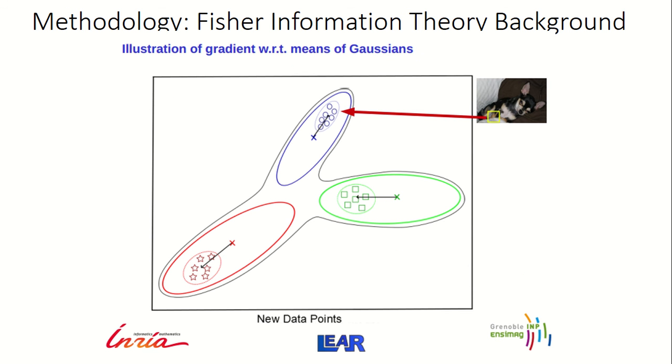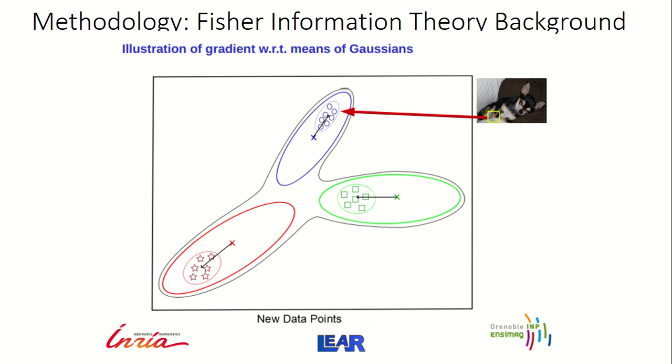So this picture visually shows us that there is a connection between Fisher vector theory and the bag of visual word concept, and intuitively shows us that the Fisher vector is a generalization of bag of visual words. For example, consider this new patch.